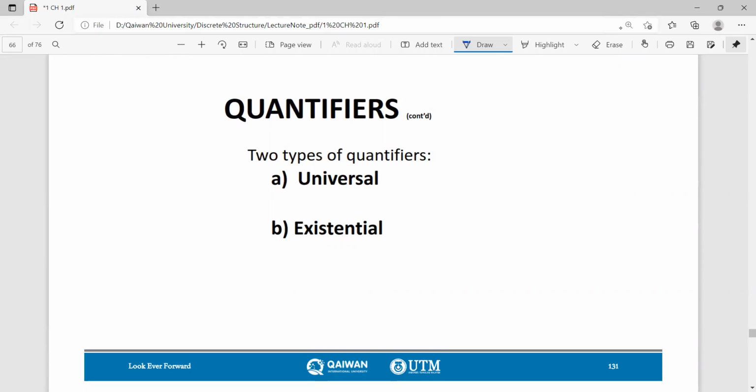For universal, we use for all: if it's true for all elements in the domain, then it's a universal quantifier. But if it's true for some of the elements in the domain, we use the existential quantifier, for one or more, not for all elements.